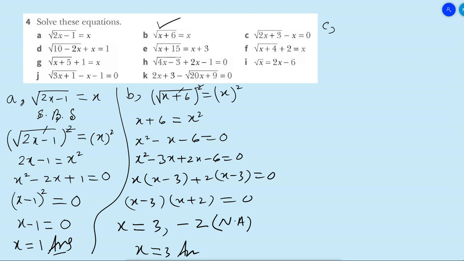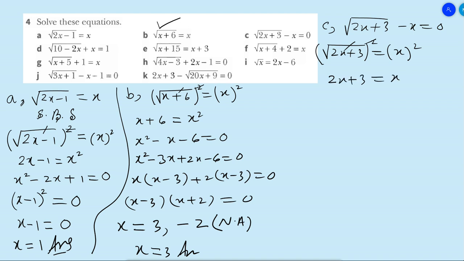Come to part C. Square root of 2x plus 3 minus x is equals to 0, so square root of 2x plus 3 is equals to x. Again taking square on both sides, square and root cancel. 2x plus 3 is equals to x square.